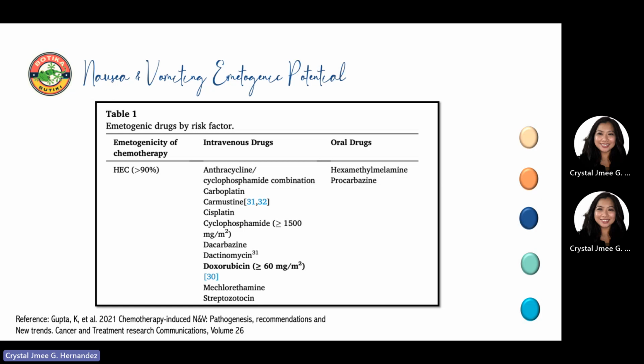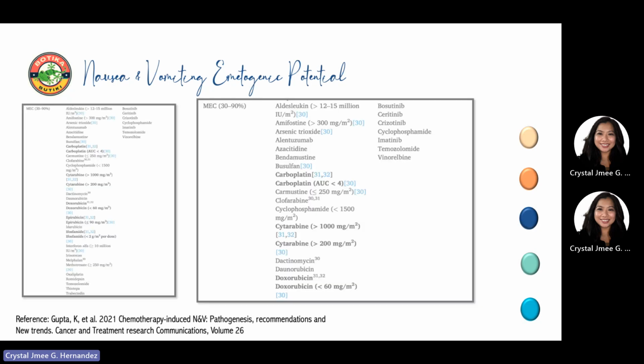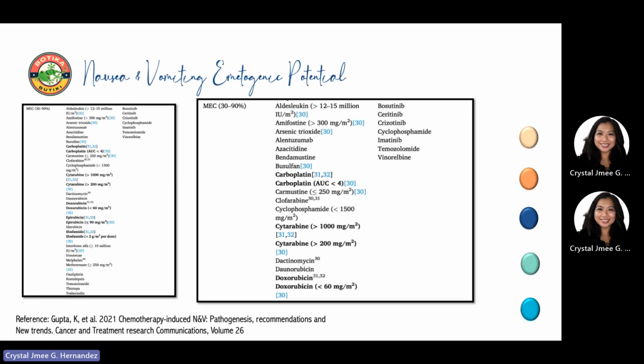So we have carmustine, anthracycline, doxorubicin, streptozotocin, cisplatin, cyclophosphamide. And then for the moderate emetogenic capacity, doxorubicin, daunorubicin, arsenic trioxide, amifostine, carmustine, carboplatin.